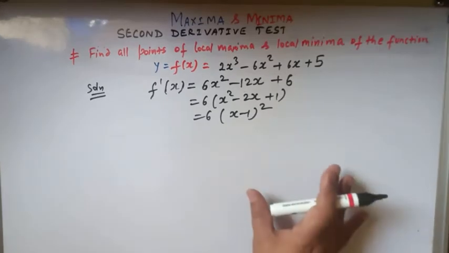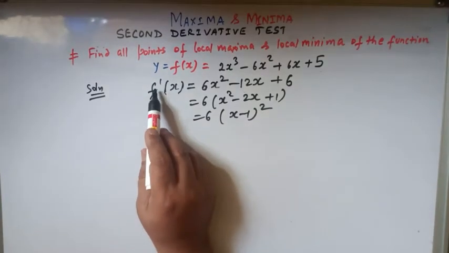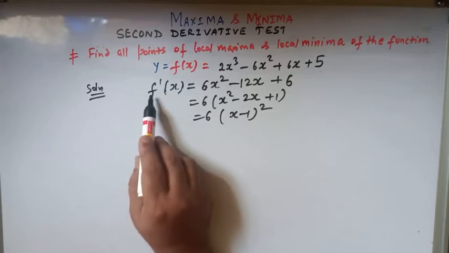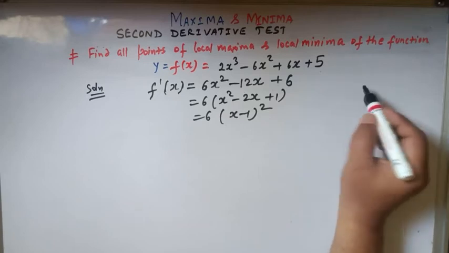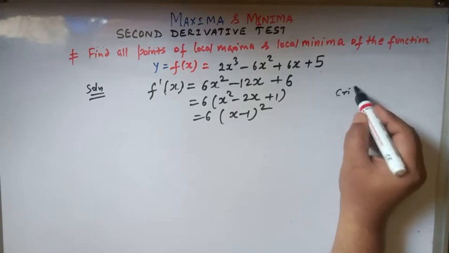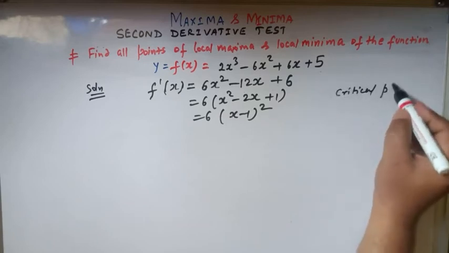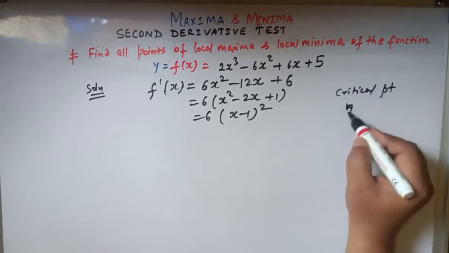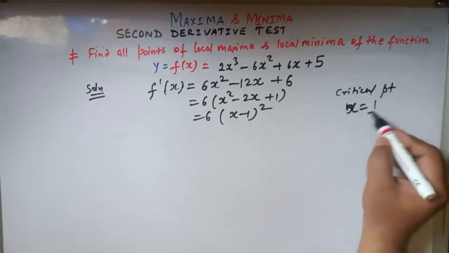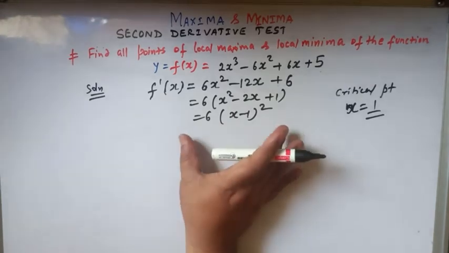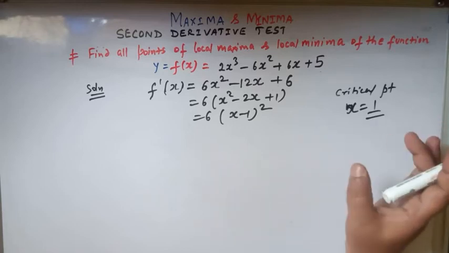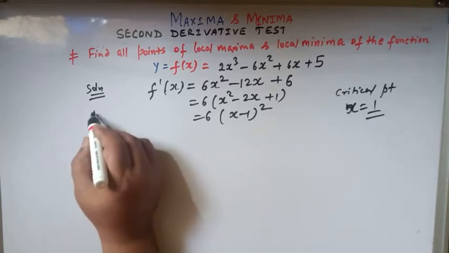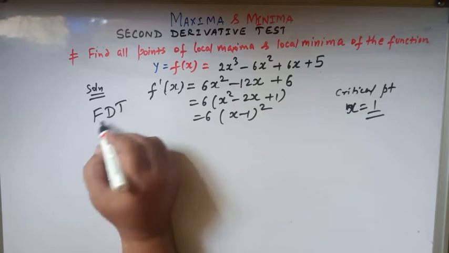So viewers, here we have the first derivative of f as 6 times (x − 1)², and the critical point was x = 1. Now we'll test this point x = 1 for local maxima or local minima by using the first derivative test.